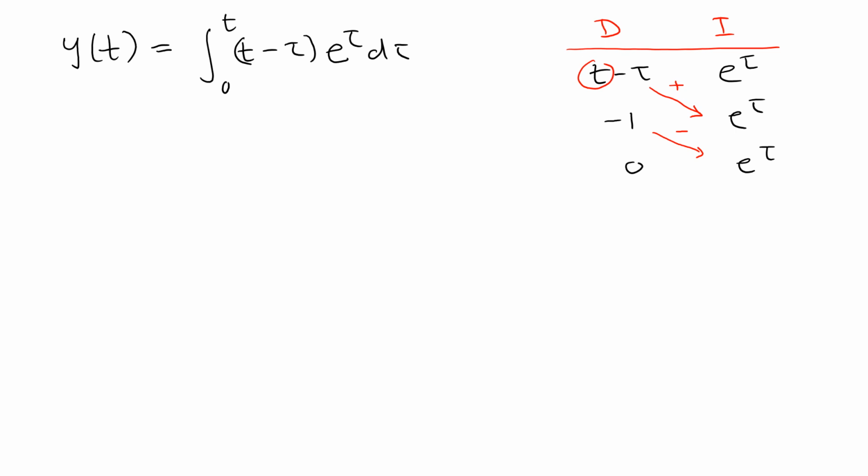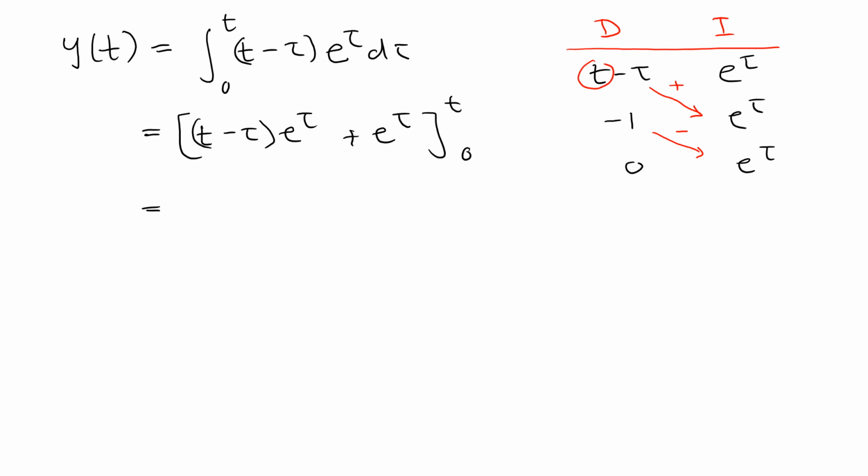Now we multiply across the diagonal and write the answer. The first term is simply (t minus tau) times e to the tau. The second term, multiplying across the diagonal again, you get negative, negative, positive, so you simply get e to the tau. Then we evaluate this at t and 0.